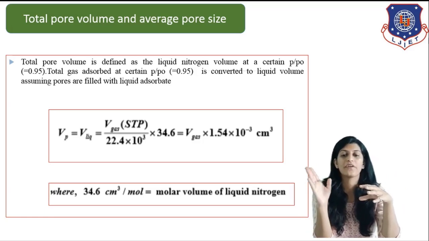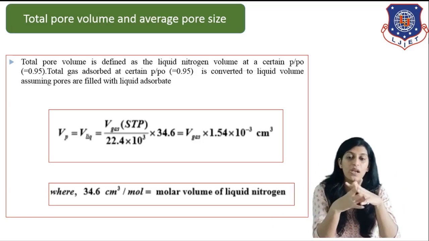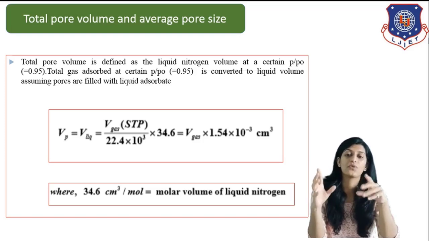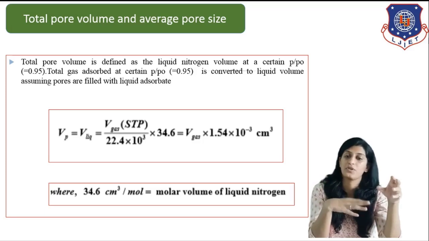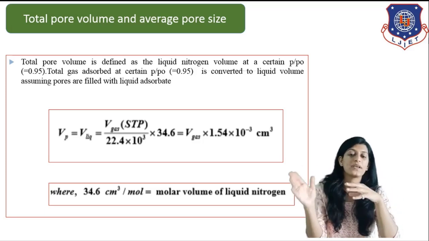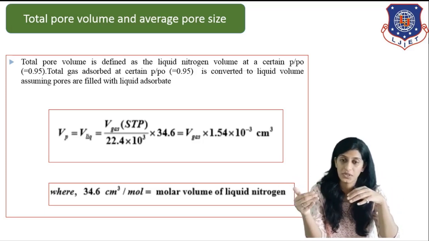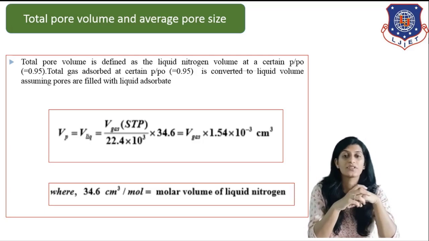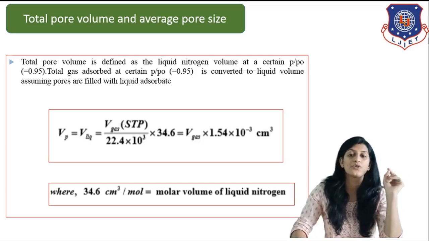For that we use the formula Vp equals V liquid, which equals V gas at STP, that is standard temperature and pressure, divided by 22.4 into 10 raised to 3 into 34.6. This is the formula used to determine total pore volume.